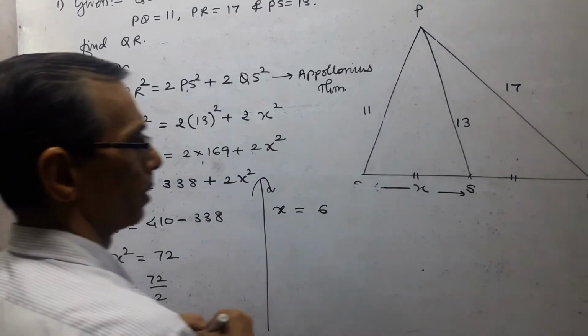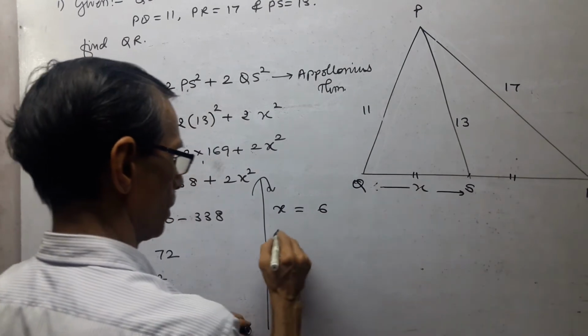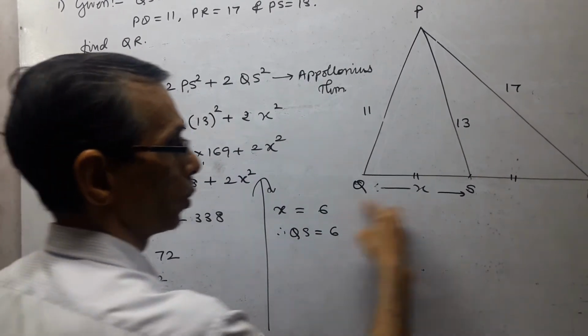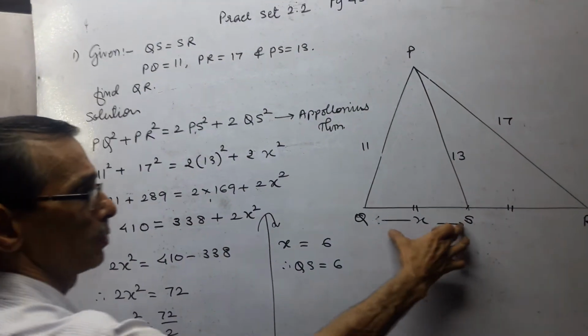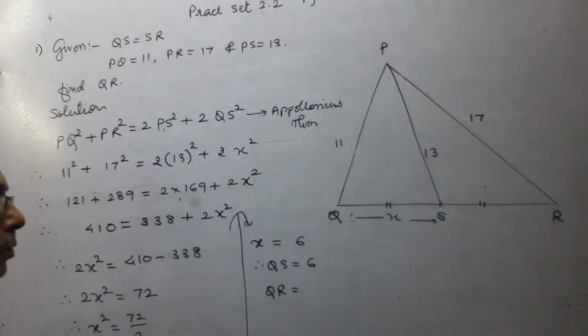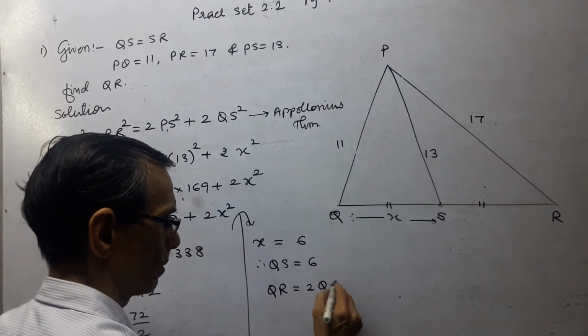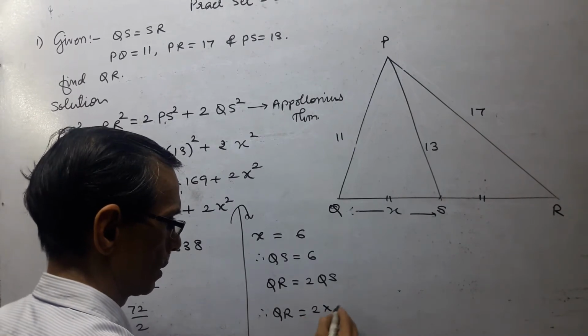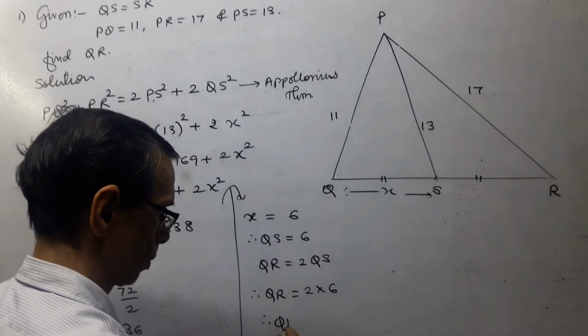So x is 6, so QS is 6. But we know that QR is twice QS because S is the midpoint, and we have to find QR. So QR is equal to 2 QS, which is 2 times 6, 12. So QR is equal to 12.